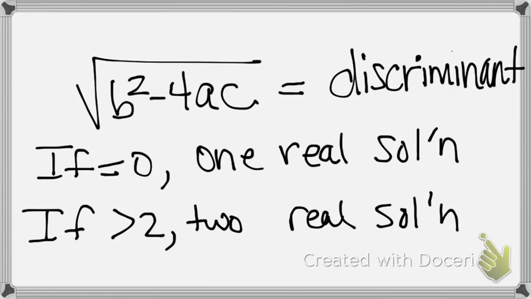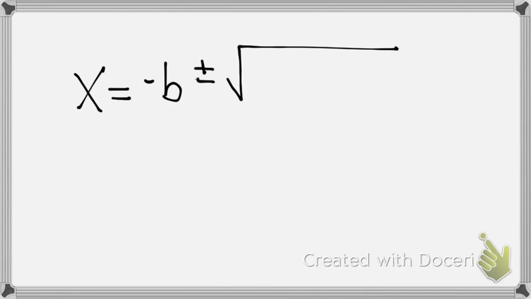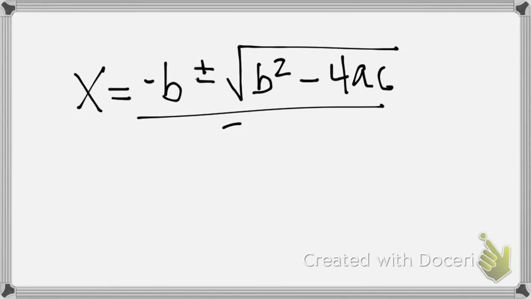So, what do you think would happen if the discriminant was negative or less than 0? Now let me write this again. X equals minus b plus or minus square root of b squared minus 4ac all over 2a.